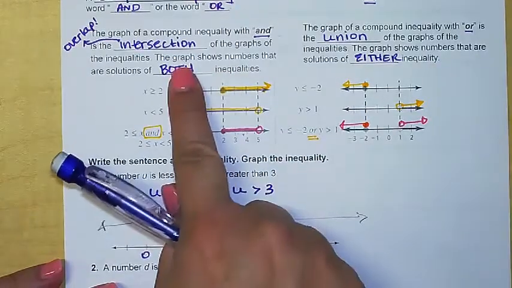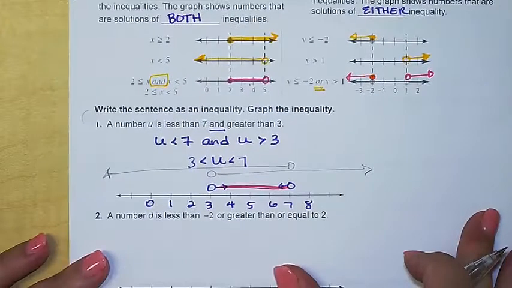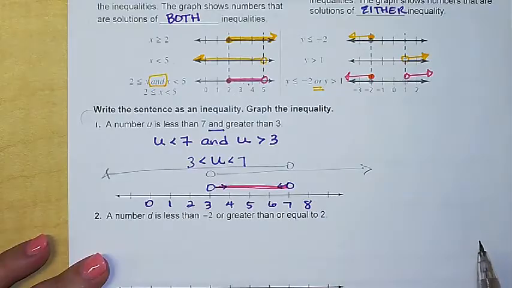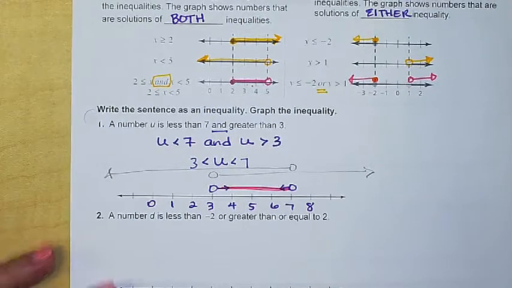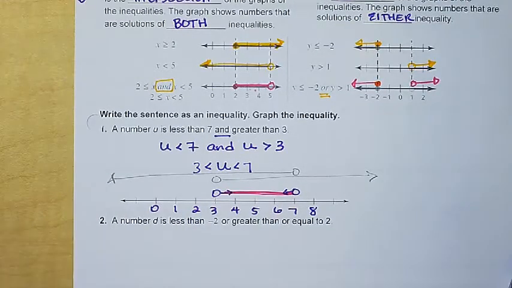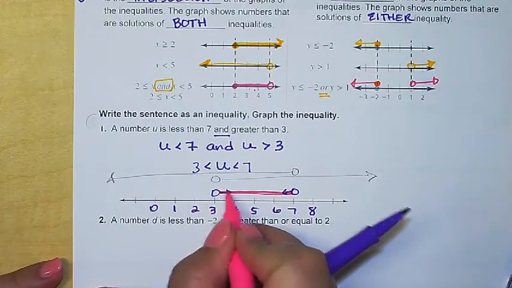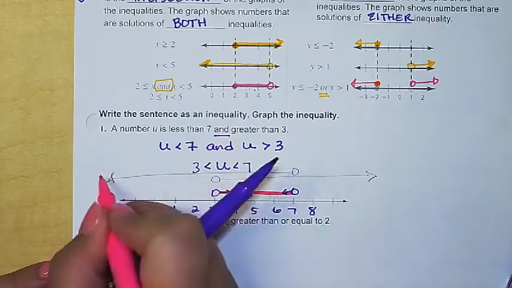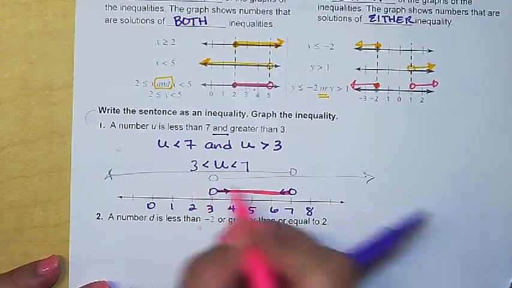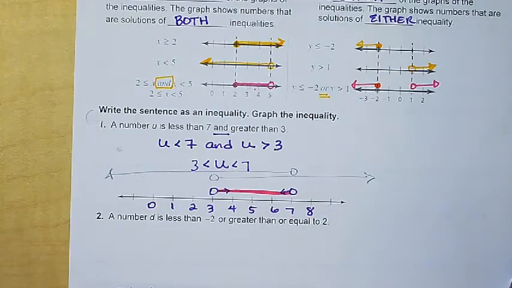So it has to be true for both in an and statement. So this is our final solution right here, just everything in between 3 and 7, not including them. Even though each individual one goes on forever in one direction, I just want this overlapping section that is true for both.